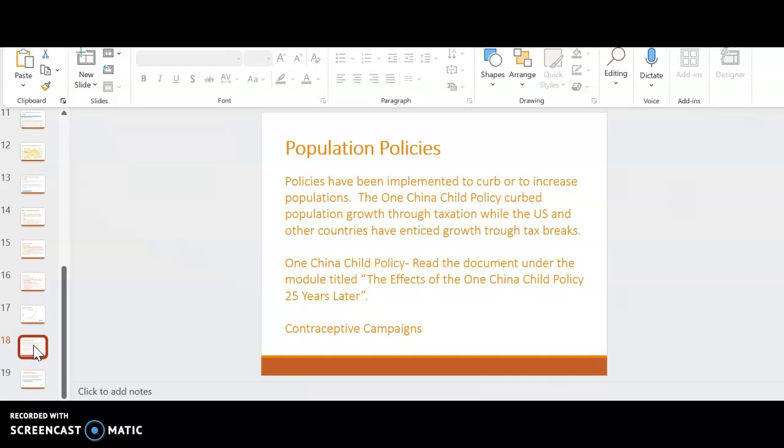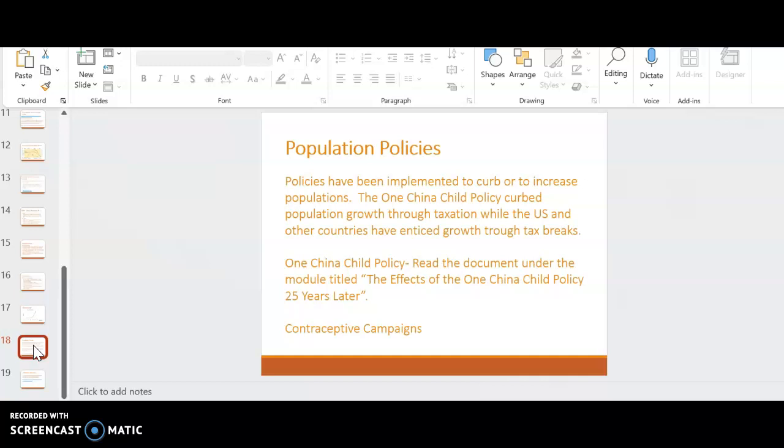And this is where we see white nationalism in the United States: we want white people to have more babies because their population is shrinking. And that's why you hear a lot of the rhetoric going on in the United States now. So think about that. It's all connected and tied together. But the One China policy was to curb population growth through taxation in China.